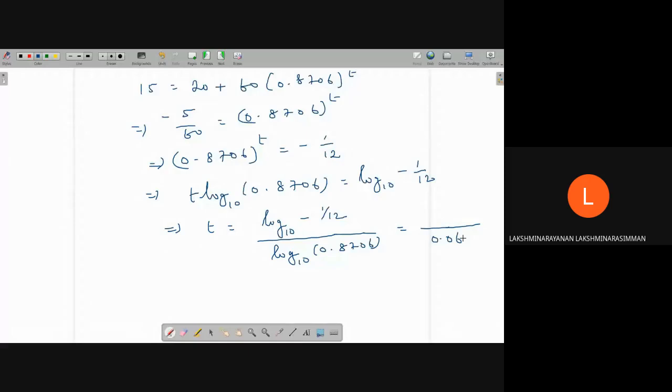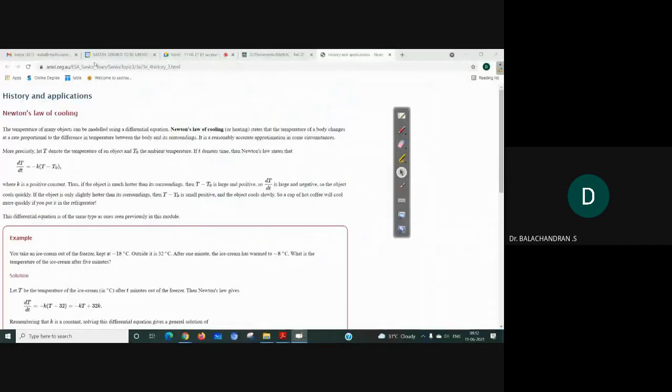Sir, numerator 1.079. I got the denominator, whether it is a positive or negative denominator. Negative, sir. Negative, yeah. Okay, 0.0618. So please check it. Please tell the numerator.